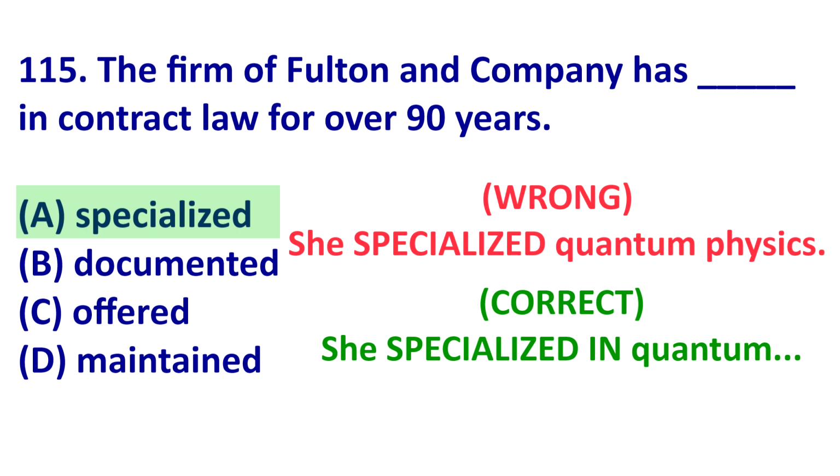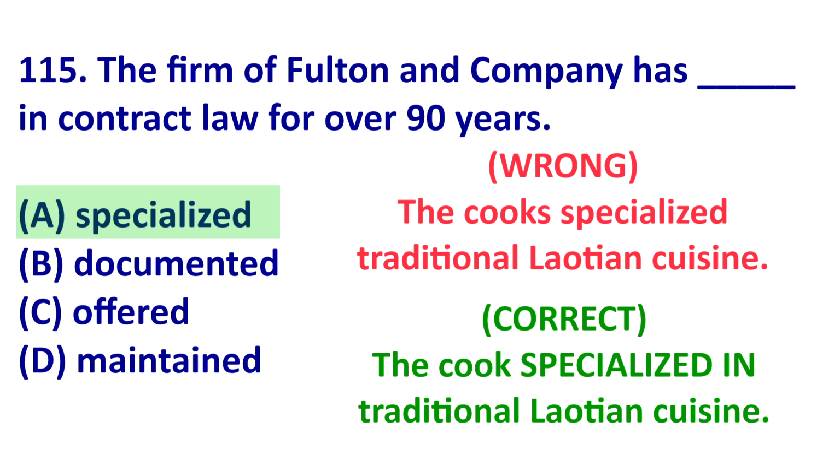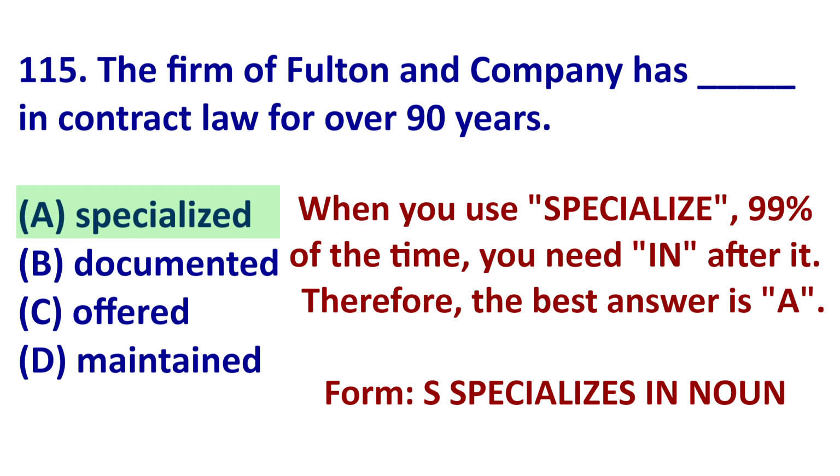She specialized in quantum physics. The cook specialized in traditional Laotian food, not the cook specialized traditional Laotian food. So when you use specialized, you need in after it. Therefore, specialized is the best choice because we have in this sentence. So the answer is A.